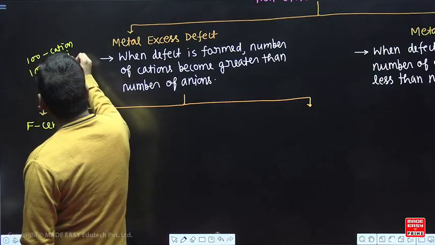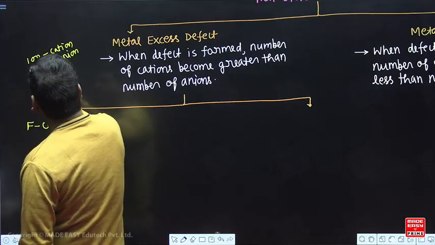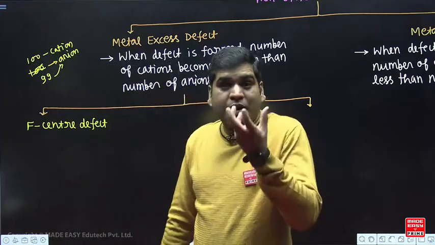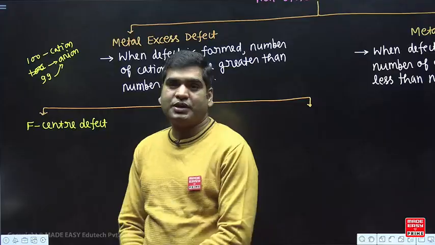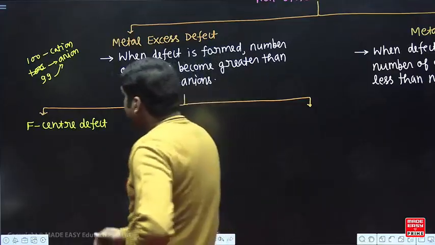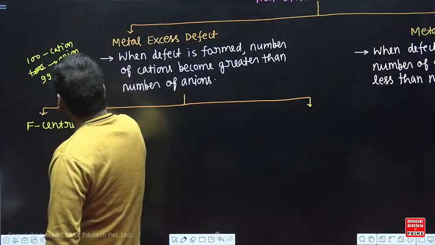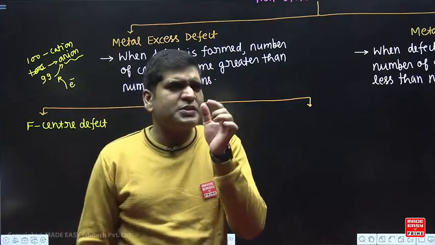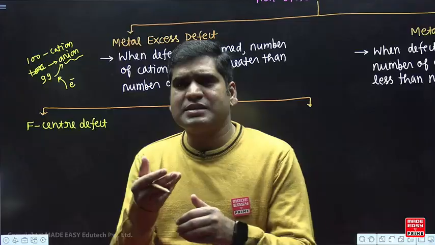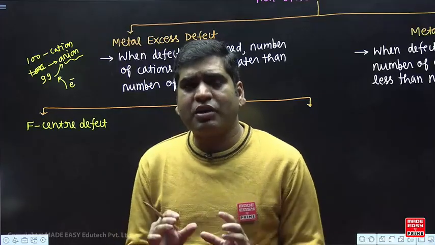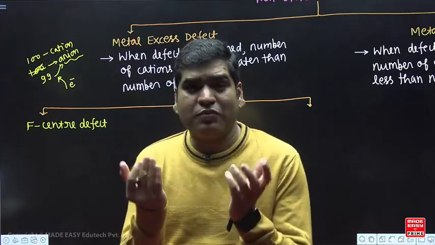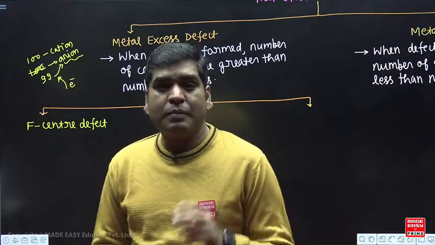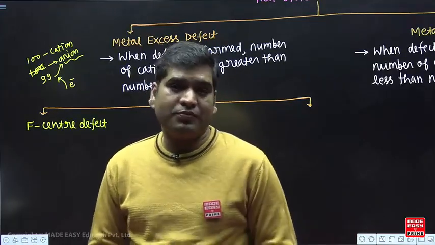An anion leaves its position, so now you have 99 anions. So metal has become excess and a vacancy defect is formed in place of that anion. To maintain the charge neutrality, an electron is included in the vacancy. But the electron is very small in size. It can balance the negative charge, but it cannot fill the space. So this way the crystal will remain neutral, but the vacancy cannot be filled.